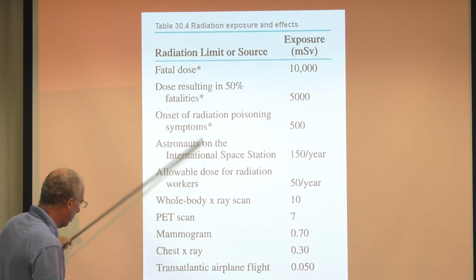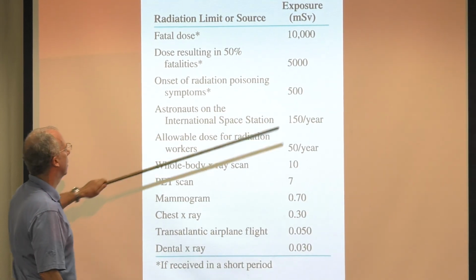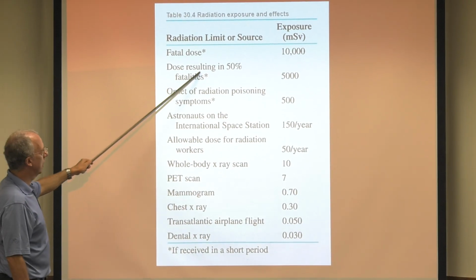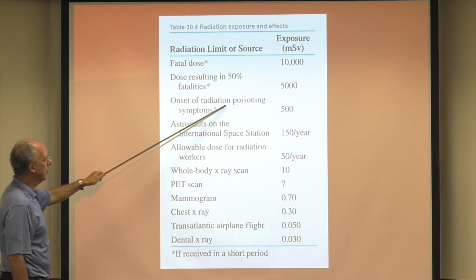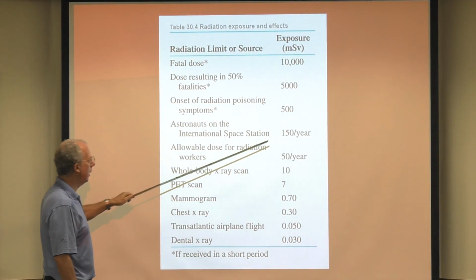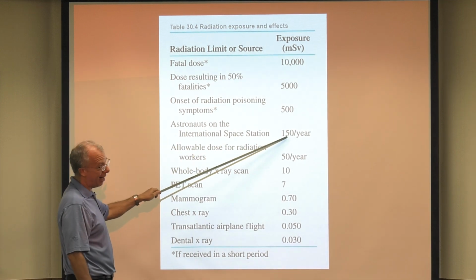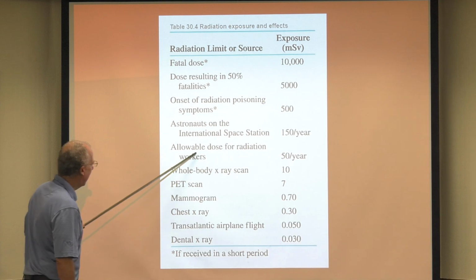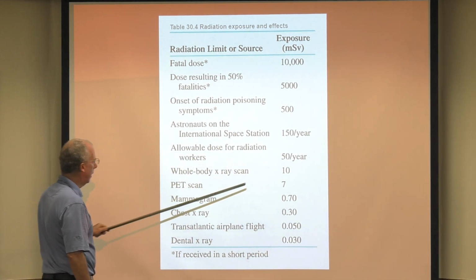So fatal dose, if received over a short period, 10,000 millisieverts. Dose resulting in 50% fatalities, 5,000. Onset of radiation poisoning, 500. Astronauts in International Space Station, 150 per year. Allowable dose for radiation workers, 50 per year.